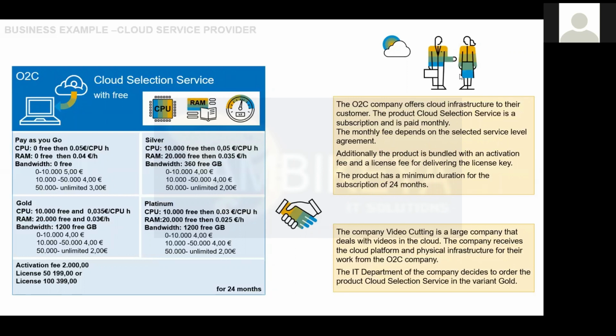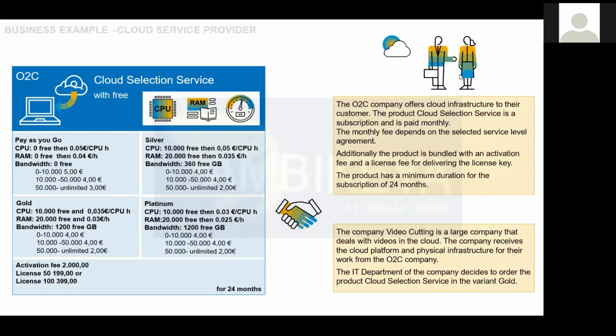So we use the training example. It is set up in the system with a bundle product type in order to show a lot of features here in the training landscape.